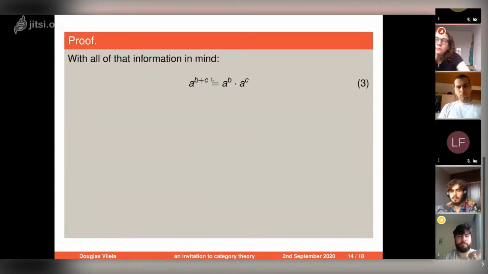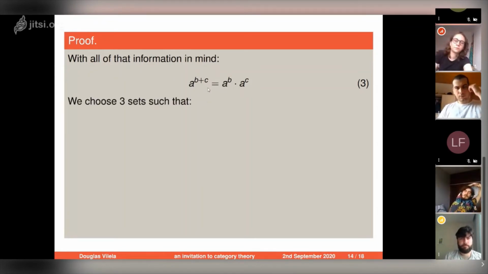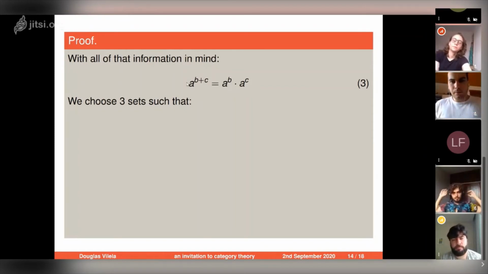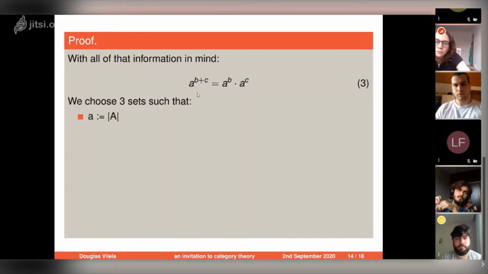So going back, our goal is to prove this expression, and using the arguments that we saw, we can choose three sets with cardinalities that match these three natural numbers that we see here.